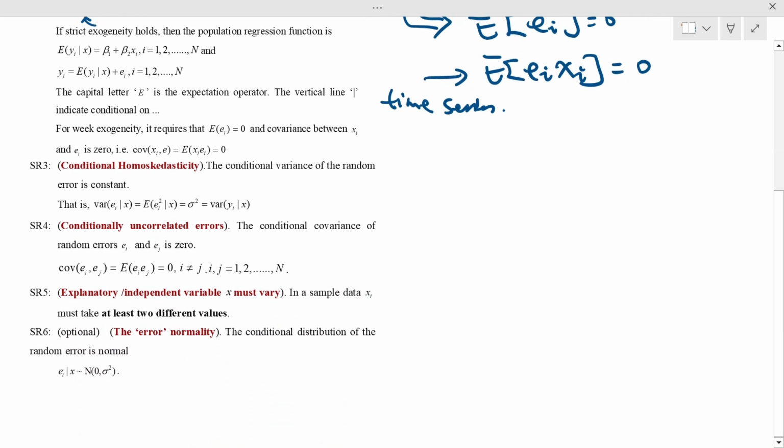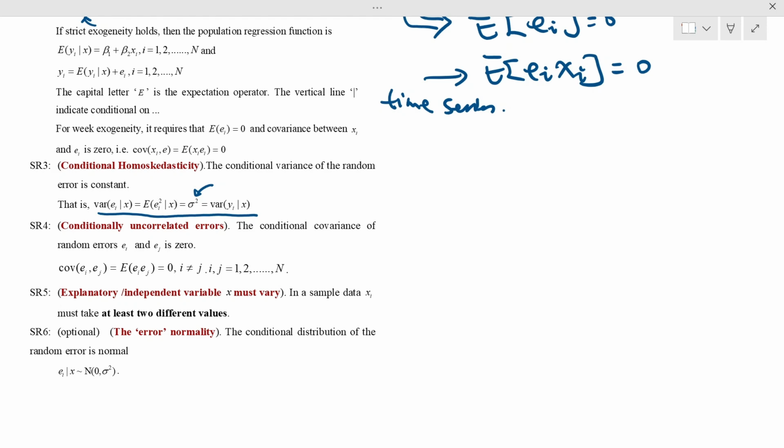Assumption 3 is called conditional homoscedasticity. Essentially it says that the variance of the error terms, conditional on x, is a constant, sigma. We call it sigma squared. Note that we know there's a sigma squared, but we don't know what it is. We actually need to estimate this as well. So that's assumption 3.